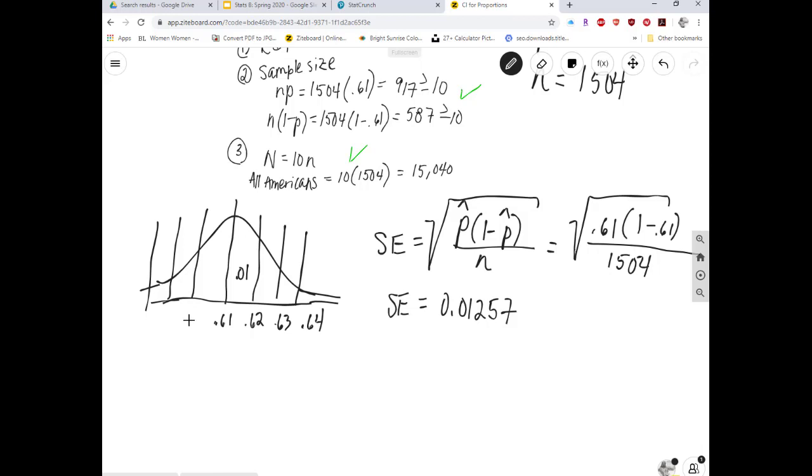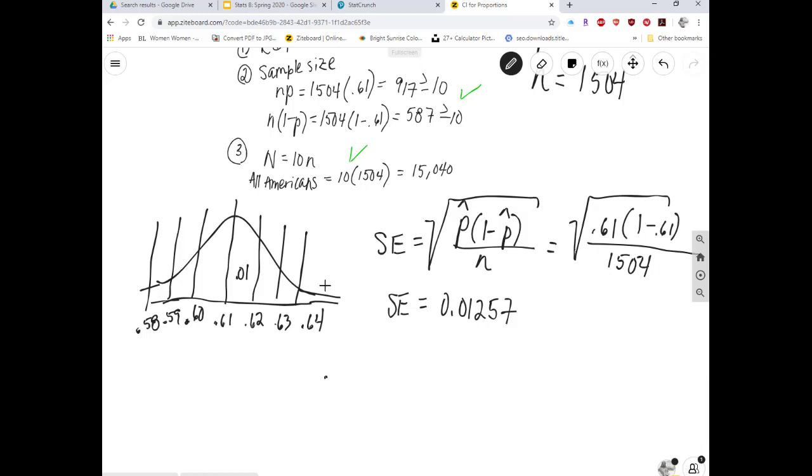And if we go in the opposite direction, one standard error below the expected proportion is 0.60. And one more standard error below is going to be 0.59. And one more standard error below is going to be 0.58. All right, so now I have this all nice and written out.